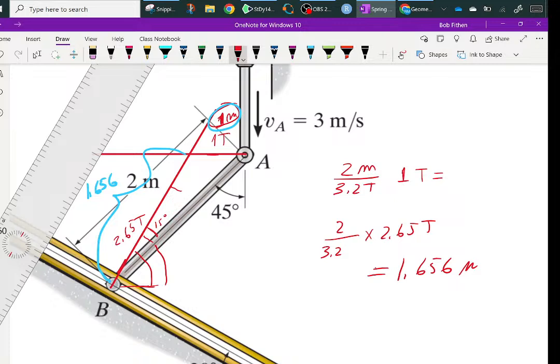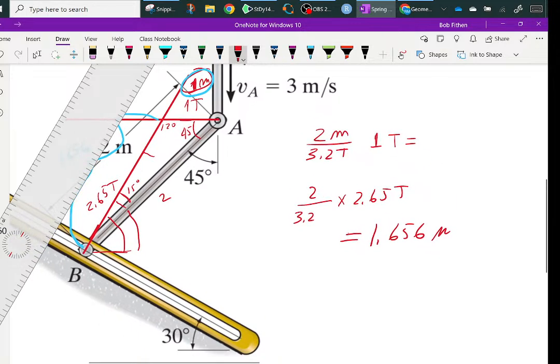Now, this angle's got to be 45. And this is 2. Okay, so hang on a second. 180 minus 15 minus 45. 120. So this is 120. So I know all 3 angles and one side, so I'm going to use law of sines.